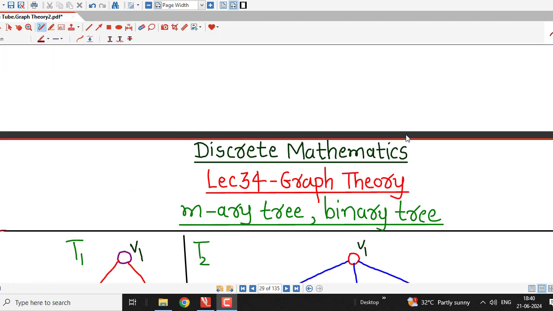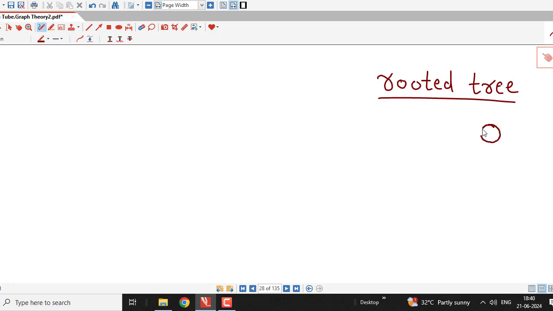So before going to this definition, we recall the internal vertices. If you have seen the previous lecture, we understood the definition of a rooted tree. A rooted tree is a tree in which one vertex has been designated as the root and the remaining vertices are directed away from that root.